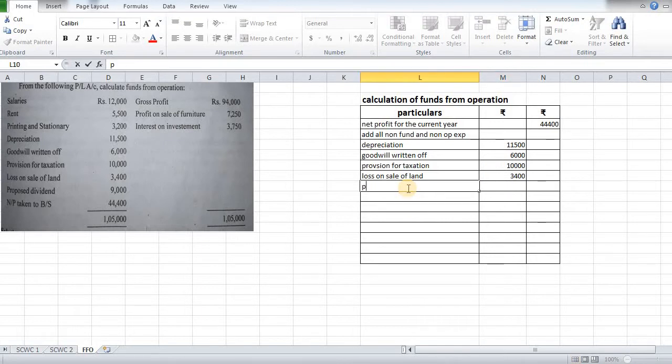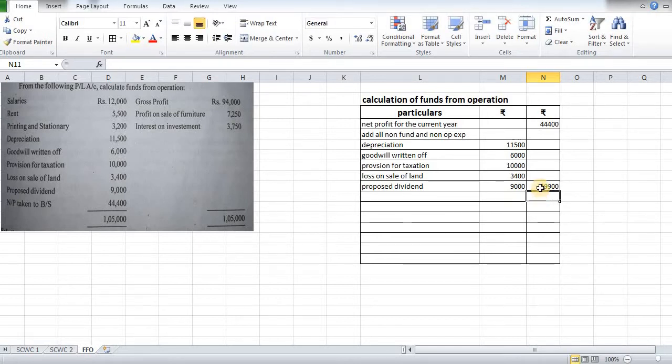Next, proposed dividend, 9,000. So these are the various non-fund and non-operating expenses. We have to total them, then add this value to the net profit. The total of these items will be 39,900.